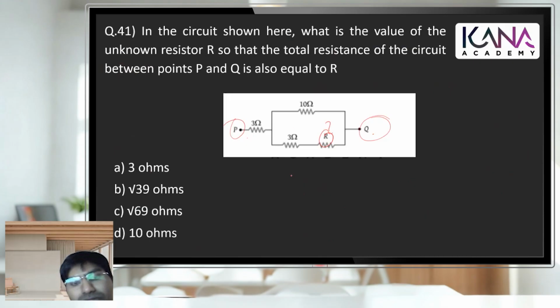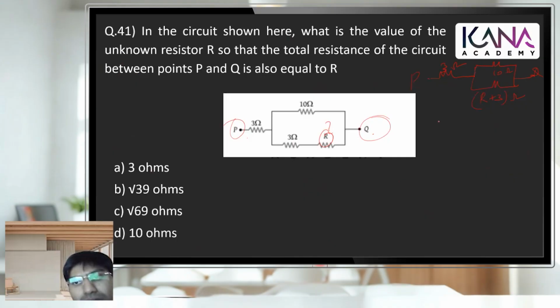If we simplify it, there is 3 ohms, so this will be 10. It can be written as R plus 3, and this is 3 ohms. So R plus 3 ohms, then 10 ohms, between P and Q.